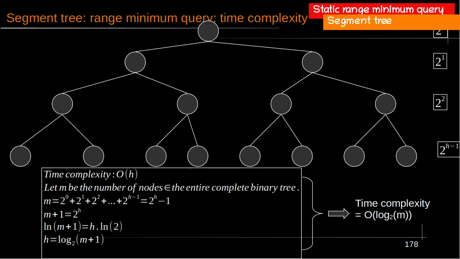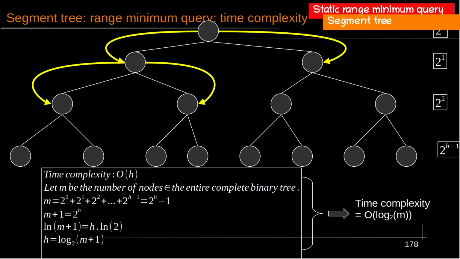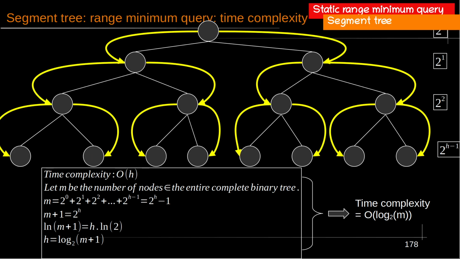Let's see the time complexity of this. In the worst case, I will check all the nodes here. So in general, we have to run in the depth of the tree, or the height of the tree.